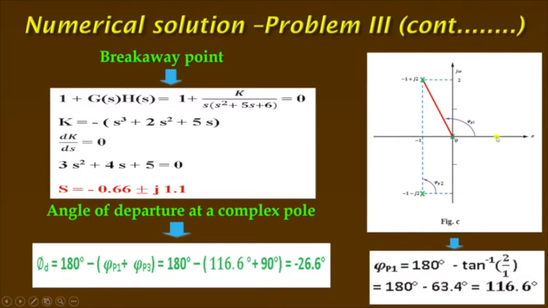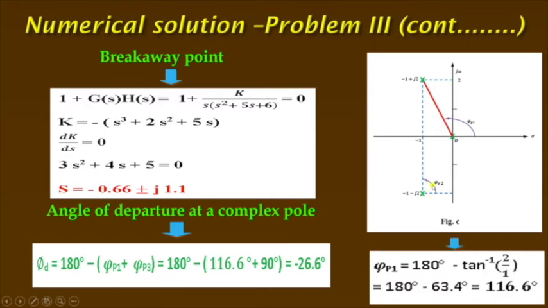But phi p1, this total angle, is 180. 180 minus this angle, we get phi p1. So that's why we can write 180 minus tan inverse 2 by 1. This is equal to 180 minus this angle, which is 63.4. So this value is 116.6 degree.